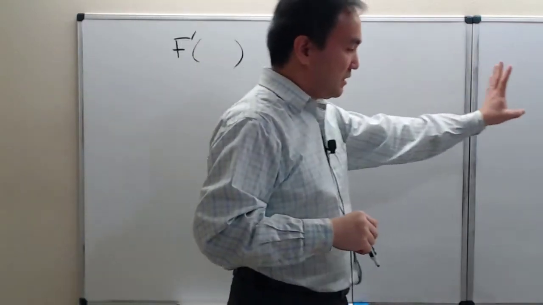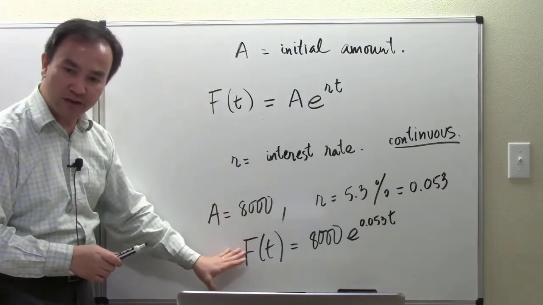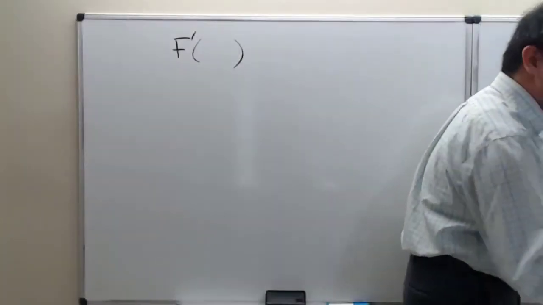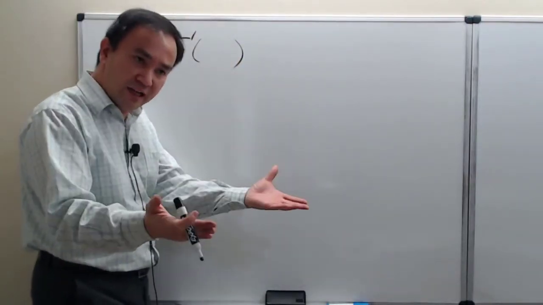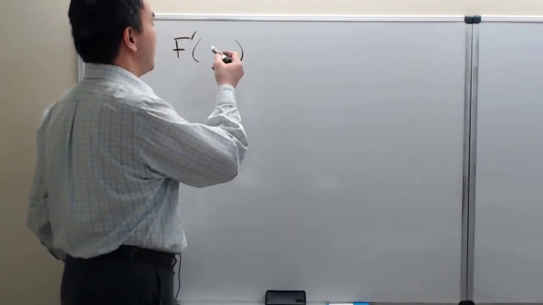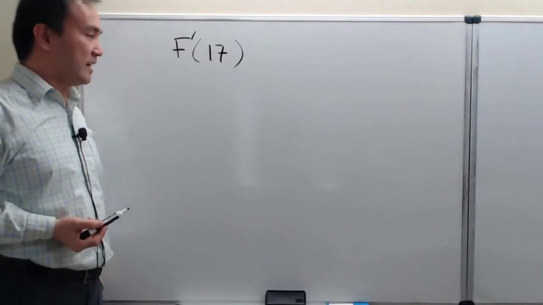Relative to the beginning function, the instantaneous rate of change is the derivative of our future value function. That means I'm looking for f prime, but f prime at exactly 17 years after the day we start the investment. So f prime at 17. And that's the idea of the problem.